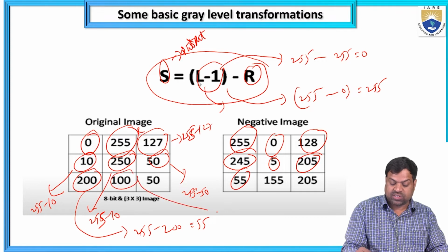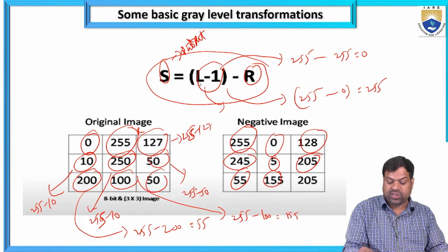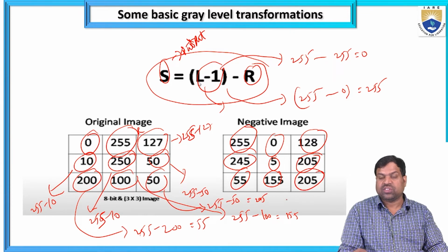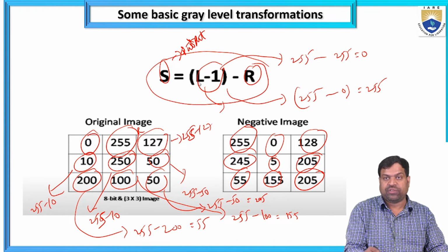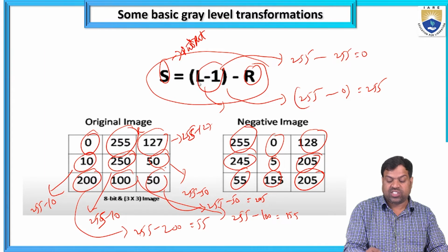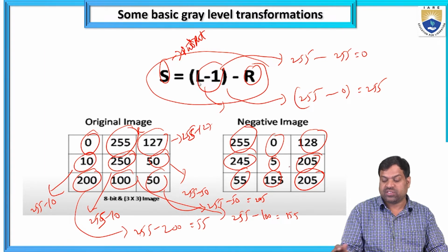Next, 100 is there: 255 minus 100 is 155. So these are the values. The input values, the original image intensity values, are 0, 255, 127 and so on. I apply these intensity values in this equation and get the output values like this.